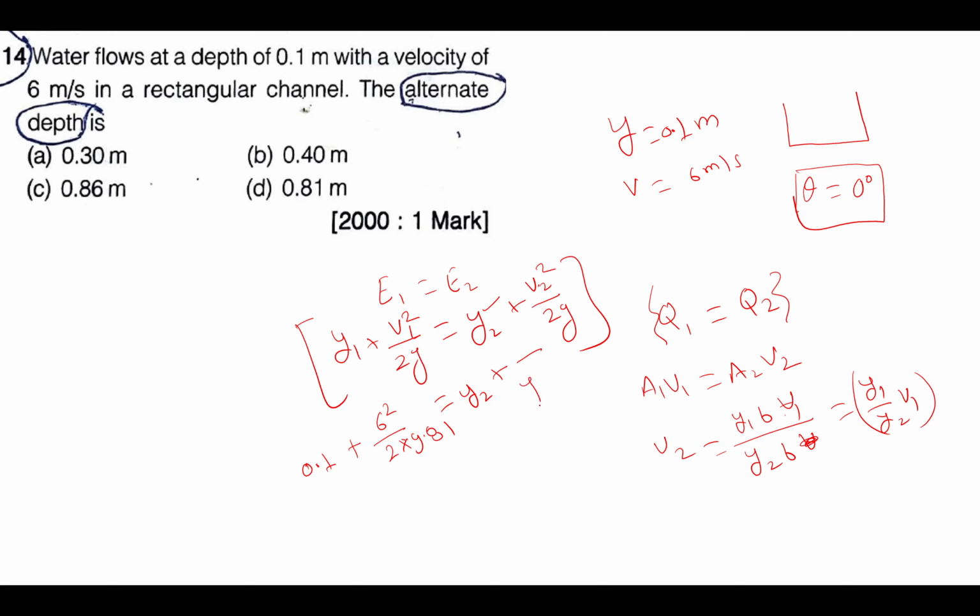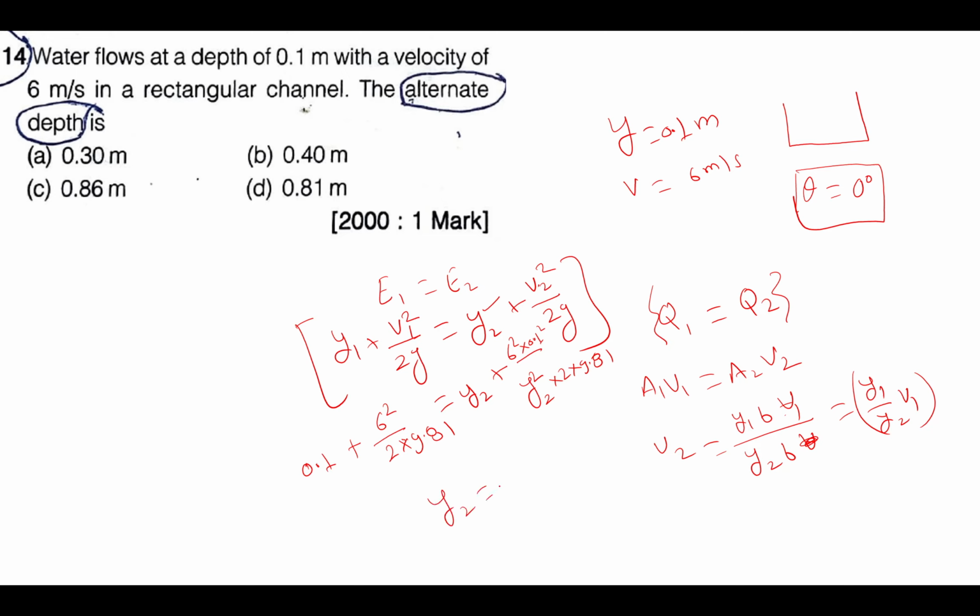So here you get Y2 square into 2 into 9.81, and here V1 square into Y1 square, Y1 square meaning 0.1 square. So here is your cubic equation.